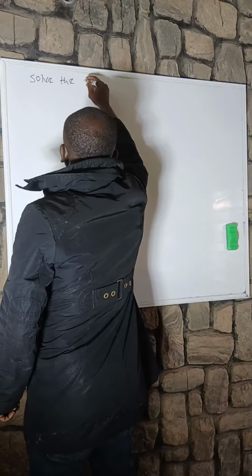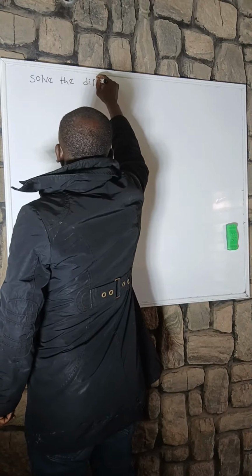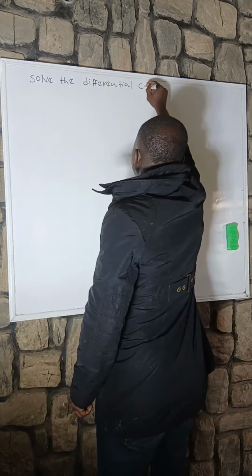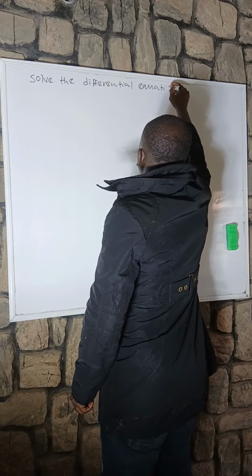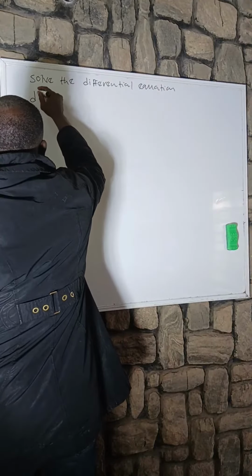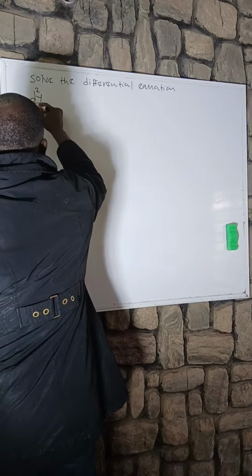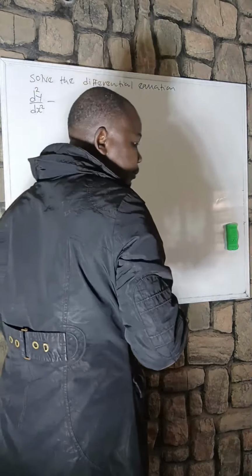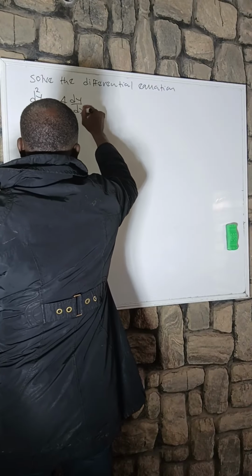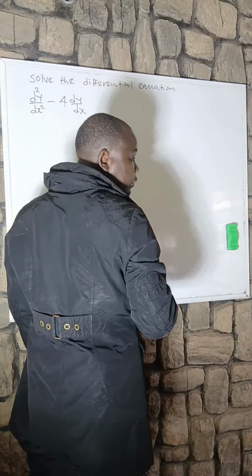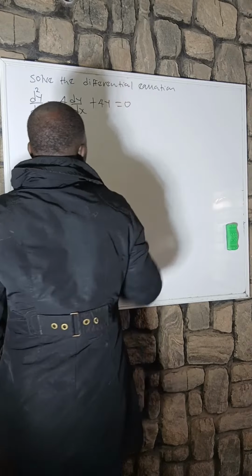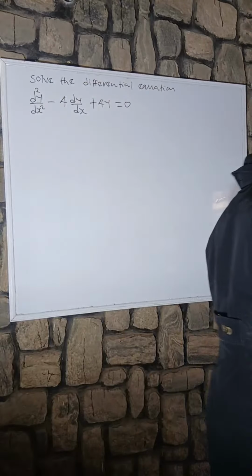That is d squared y over dx squared minus 4 dy over dx plus 4y equals 0. Amen. Okay.